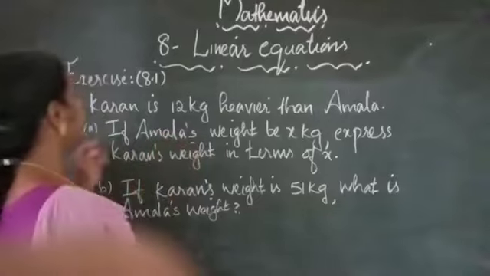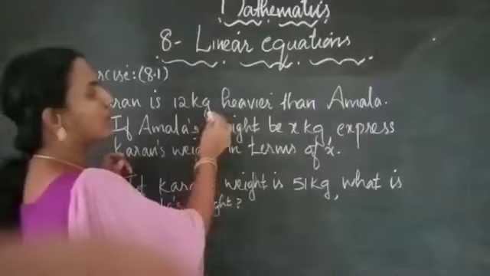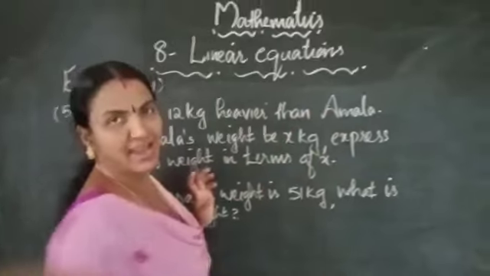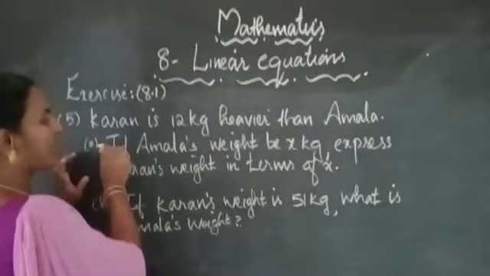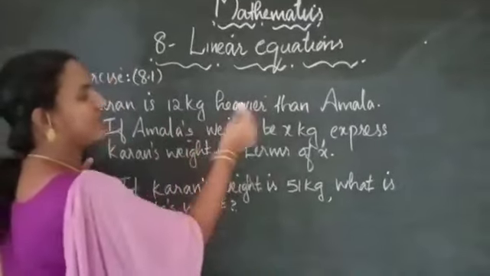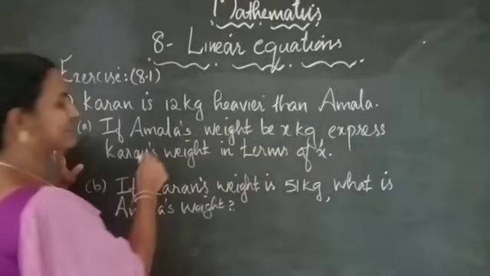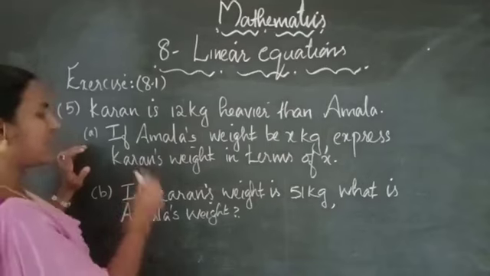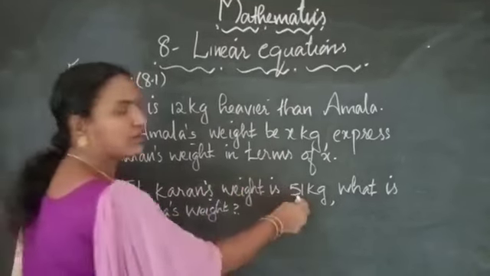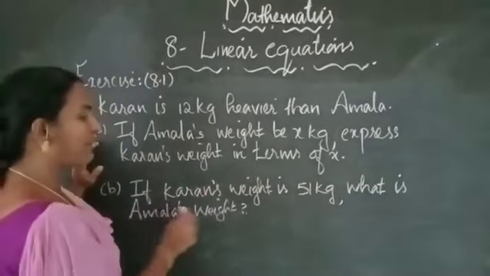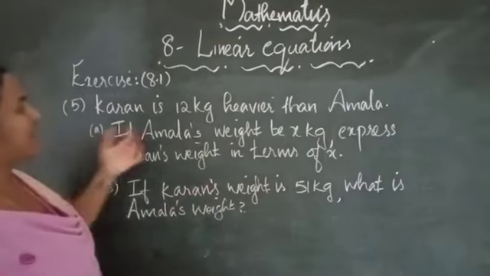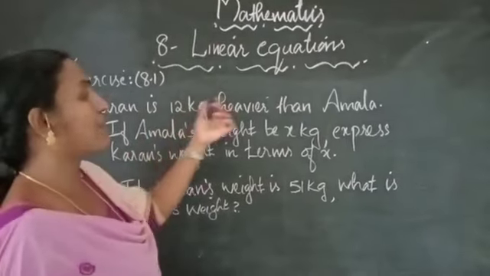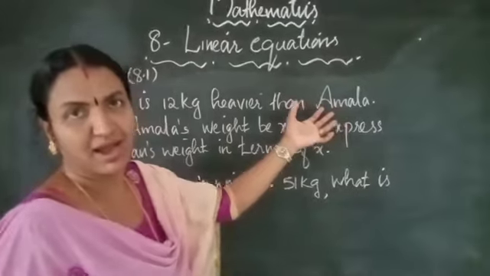Next, question number 5. Karan is 12 kilogram heavier than Amala. Option A, if Amala's weight be x, express Karan's weight in terms of x. Option B, if Karan's weight is 51 kilogram, what is Amala's weight? What is given? Karan is 12 kilogram heavier than Amala.